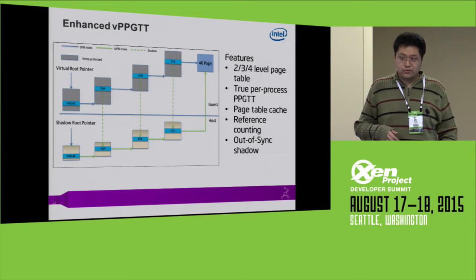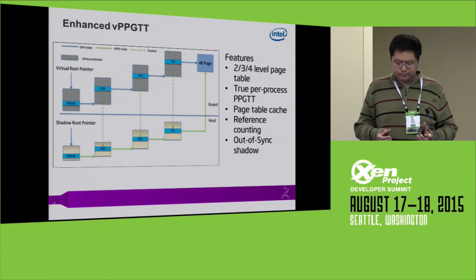We also introduce a PV notification channel to the guest, so that the guest can notify our vGPU device model when it creates or destroys a page table, so that we can keep all the guest page tables in our page table cache. Here the page table in the page table cache should be the shadow page table.